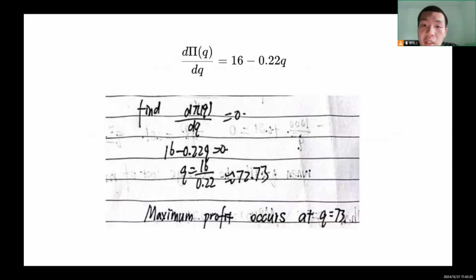So through finding its derivative, we can tell when the profit rises to the highest. So when the derivative reaches 0 here, which is Q equals 75, it means you can make the most profit by making 75 pens.